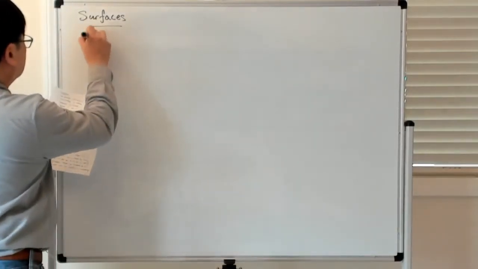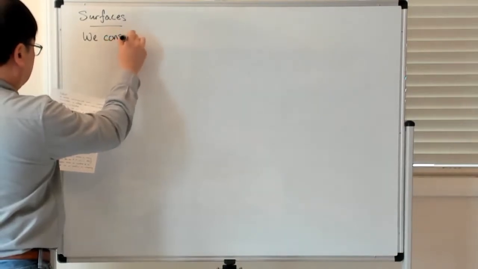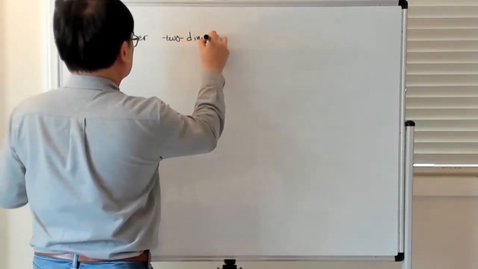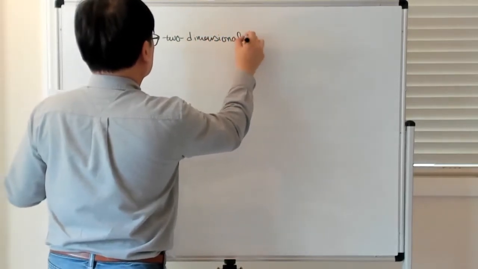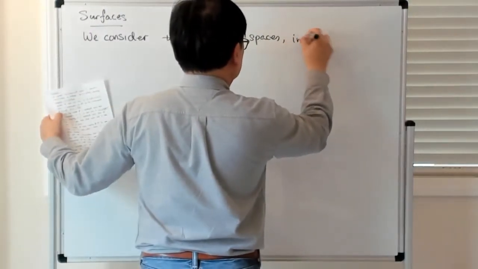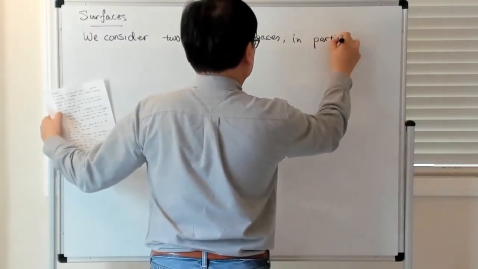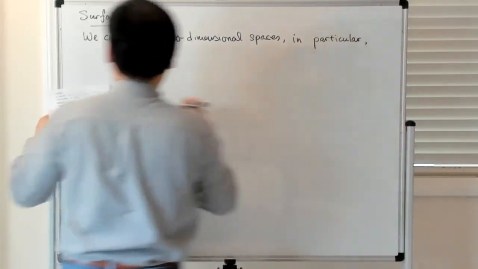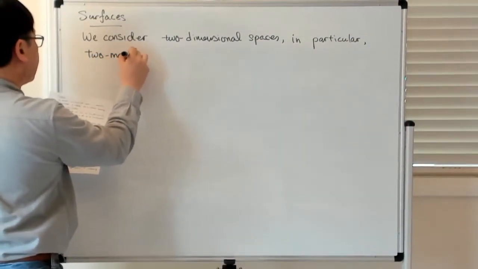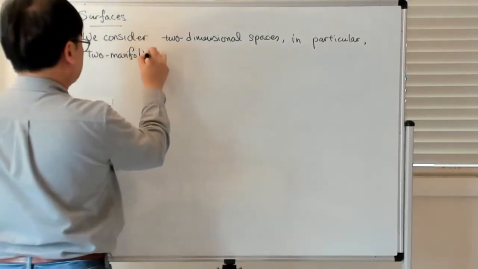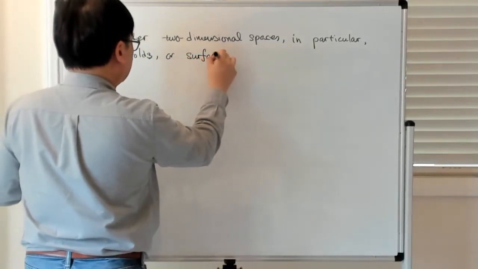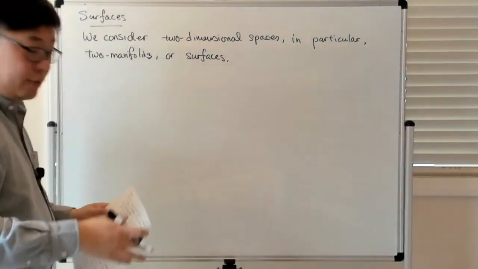So we consider two-dimensional spaces, in particular two-manifolds, or surfaces, and you can also consider them with or without boundary.